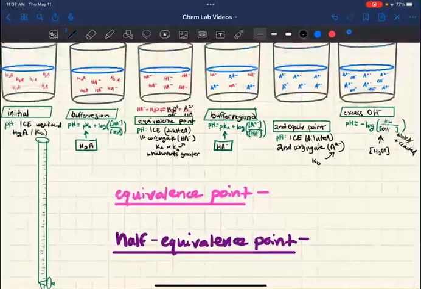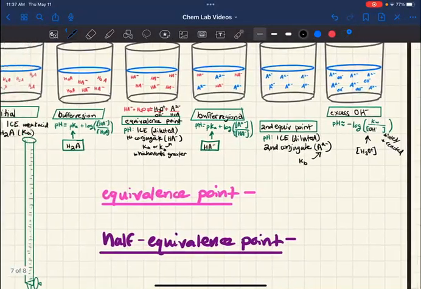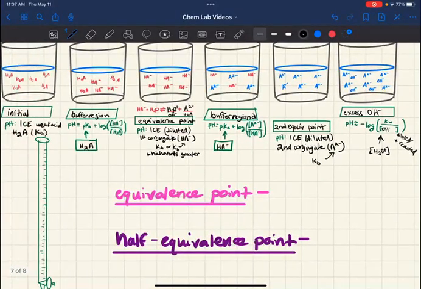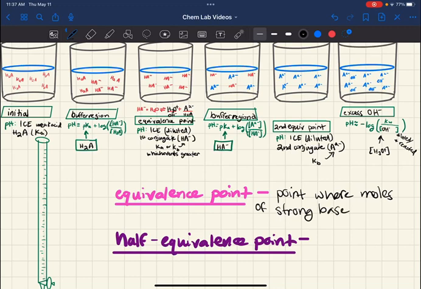All right, so from here, let's define a couple of terms briefly. The equivalence point is the point where moles of strong base equals moles of weak acid in the solution.